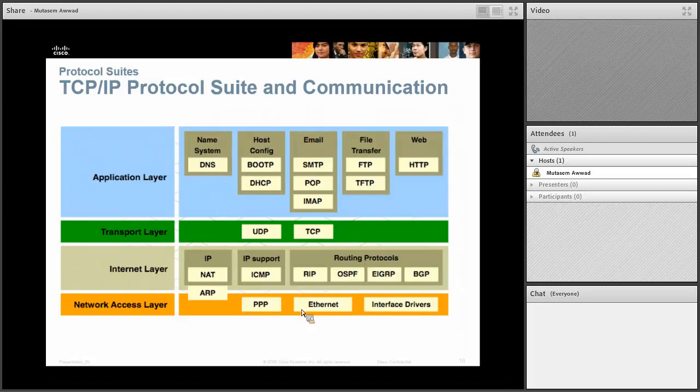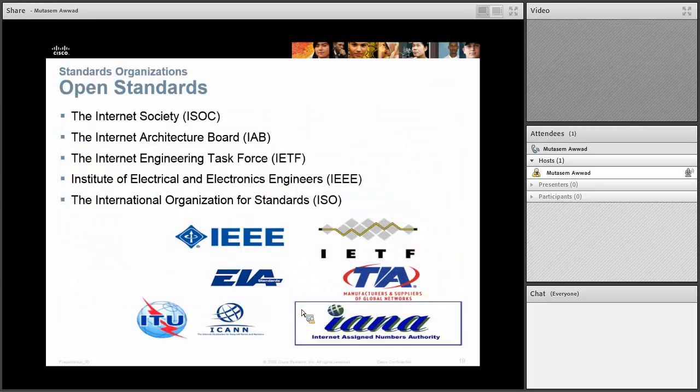Port numbers identify that. All right, here are the societies that regulate a lot of the communication standards in telecommunications. From the Internet Society, the IETF is one of the biggest ones when it comes to the Internet. A lot of things go through them.